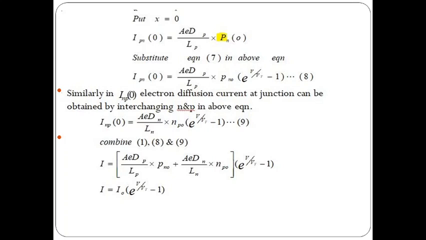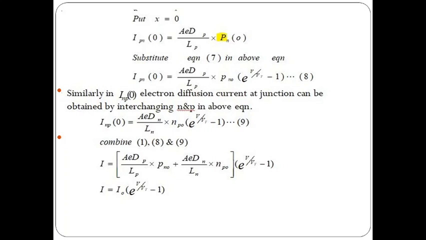So combine equations 1, 8 and 9. Equation 1 indicates the total current at x equals 0, which is the hole diffusion current plus the electron diffusion current. Equation 8 indicates the hole diffusion current at x equals 0, and equation 9 indicates the electron diffusion current at x equals 0. Clear? So substitute equations 8 and 9 in equation number 1.